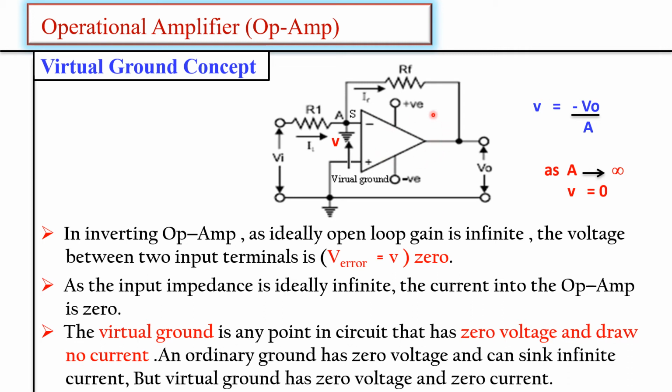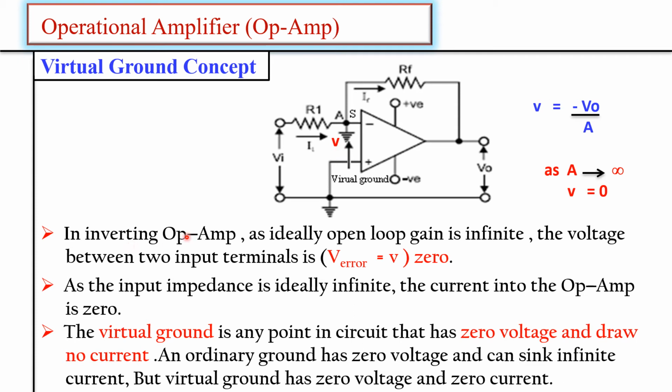So this negative feedback will ensure that the difference between these two voltages, inverting and non-inverting, is very small, almost negligible, and because of this we can consider them at the same potential. That is nothing but the concept of virtual ground, right? So because the non-inverting terminal is grounded, point A will also be at virtual ground.